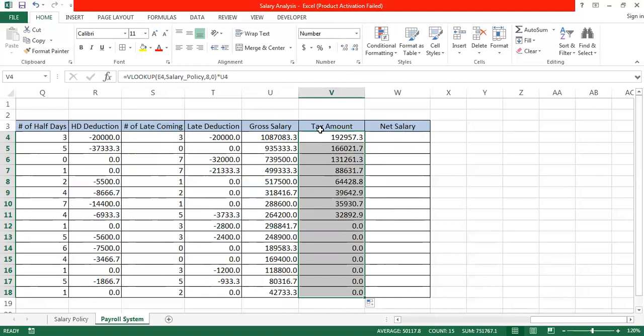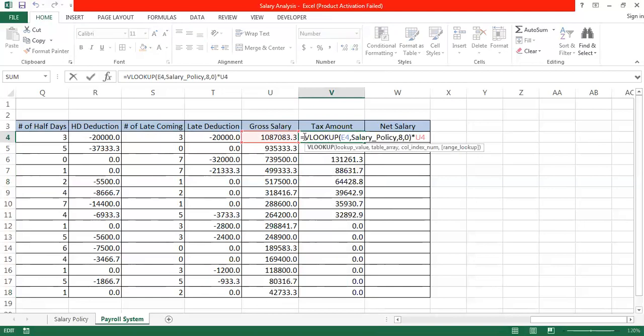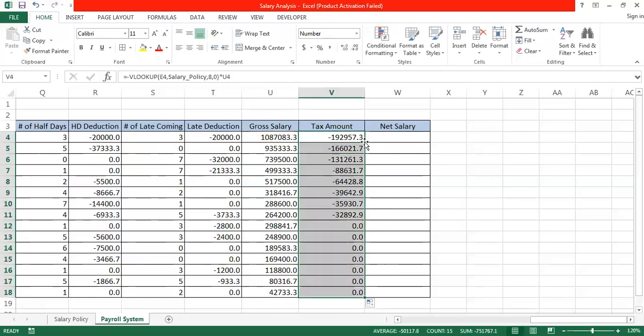And since the tax amount is a deduction, again we are going to assign a negative sign at the start and apply the same formula to all the remaining cells, so that the tax deduction is actually minus.